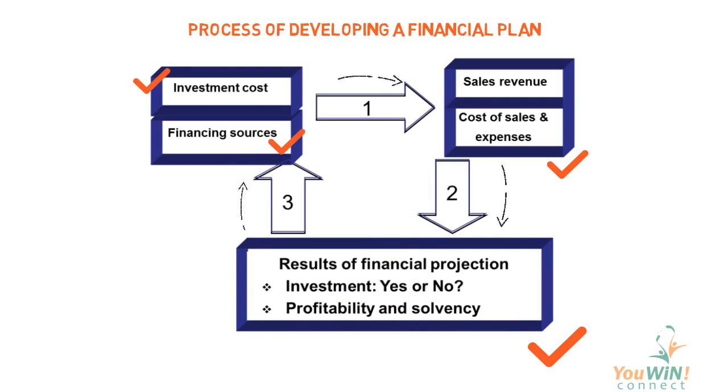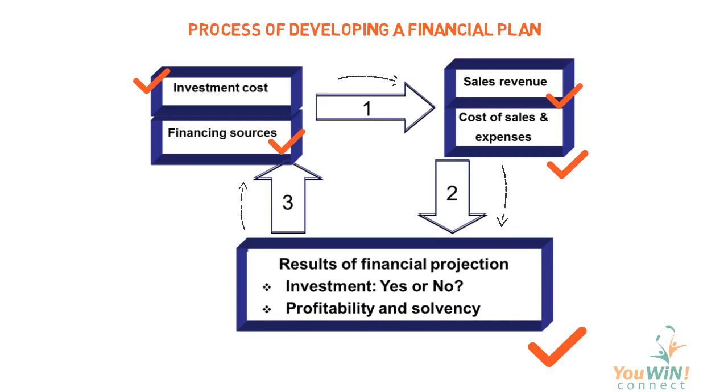Then that is put into use, and it generates sales revenues, and the sales revenues, of course, have associated costs with them. When you mix the investment, add the sales revenue to it, and take out the costs, it brings you to the point where you have results of financial projection.